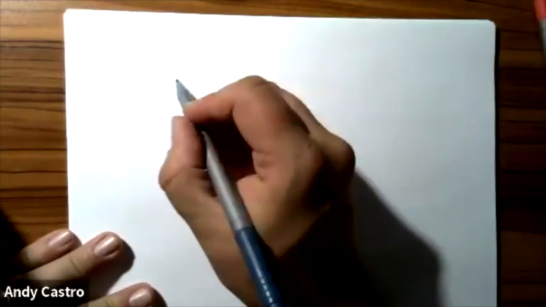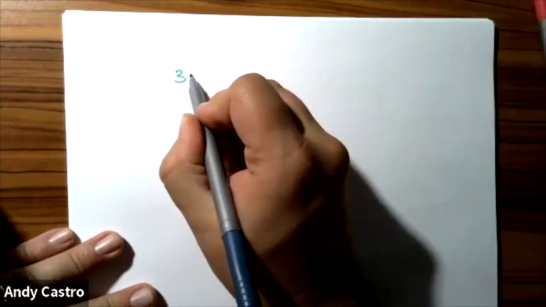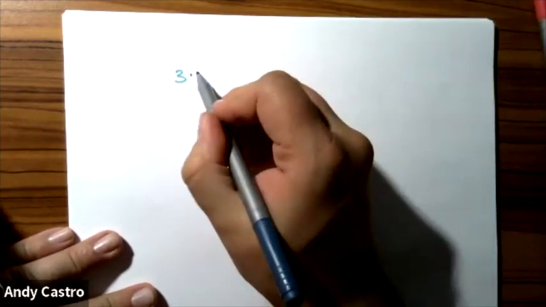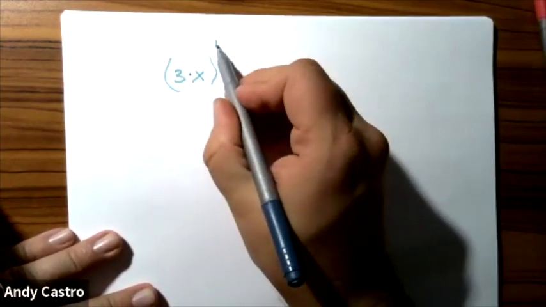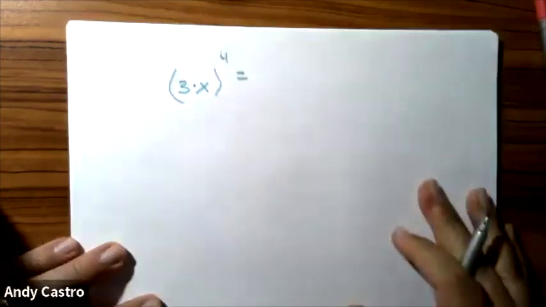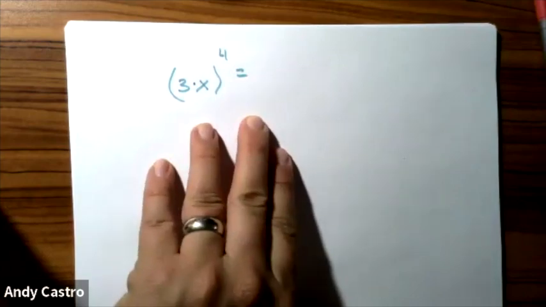All right. So let's look at 3 times the variable x, raised to the 4th power. Okay. So pretty similar to the other example that we're going to do. All right, so let's work this out.